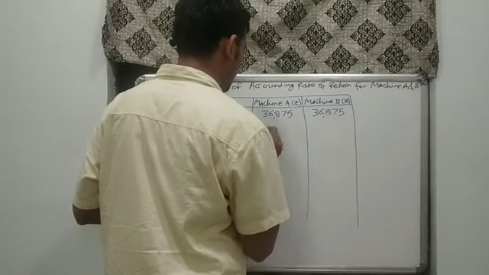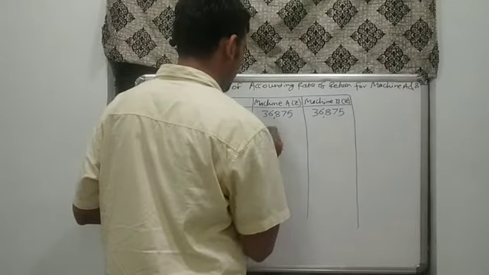Now we have to calculate ARR, that is average or accounting rate of return. So I will write the formula for ARR. Kindly note it down. It is important from the point of view of examination. MCQs can be asked on the formulas also.